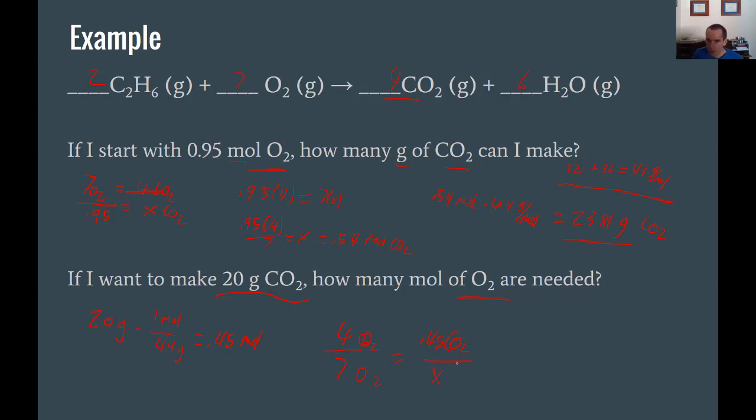And so multiply by 7, divide by 4, and we get about 0.795 moles. Right? So it's just a whole bunch of unit conversion and ratios, and your balanced chemical equation is where you get your ratios.